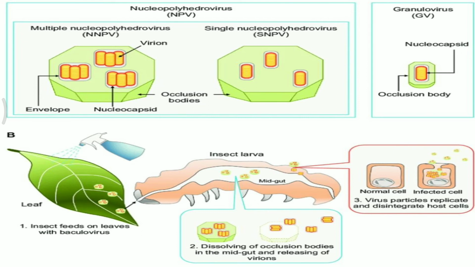The insect feeds on the leaf with baculovirus. Then the insect's midgut is infected, with dissolving of the occlusion bodies in the midgut and release of the virions. Virions are the active virus particles. These active virus particles affect the normal cells and infect all the nearby cells. As a result, the disease is expressed and the insect is dead.